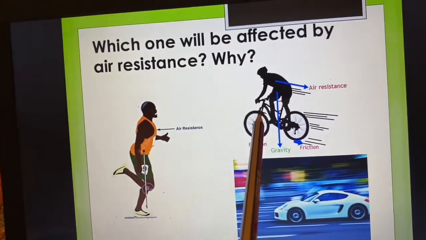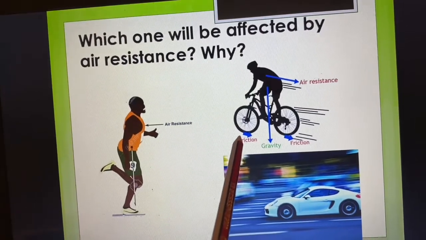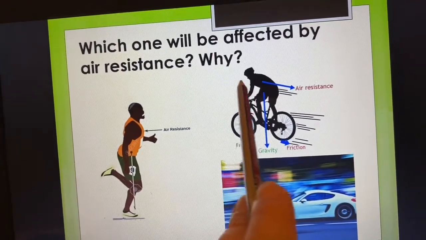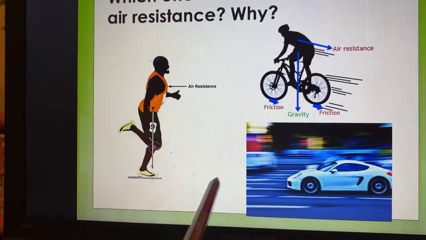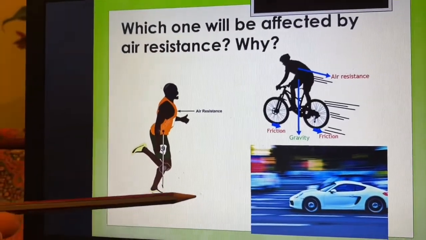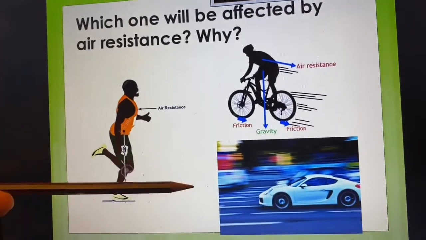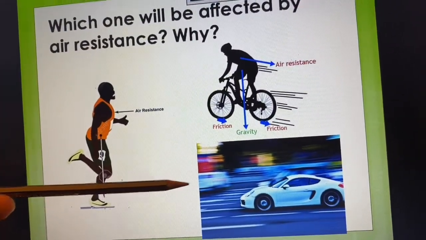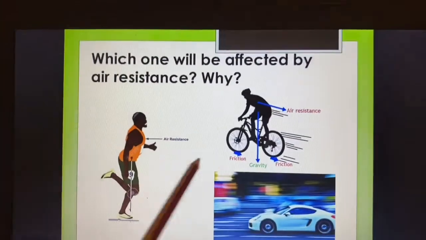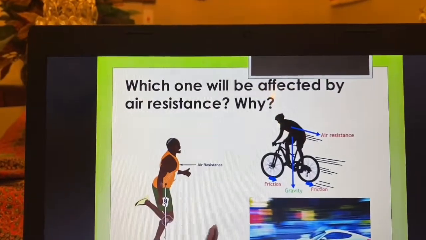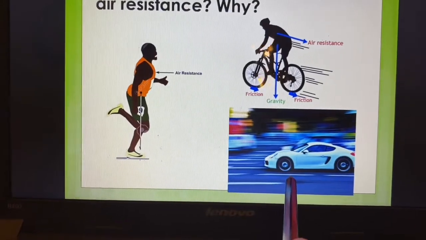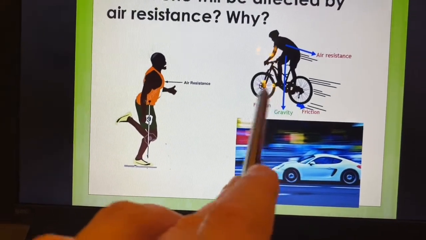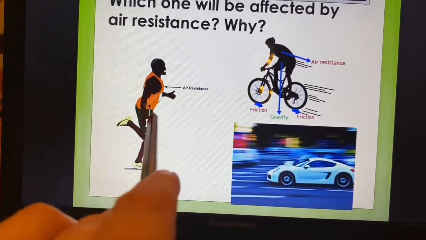This man is moving faster on the bicycle. The air resistance is pushing him backward. This car is moving very fast. The air resistance will push this car more. So which of them has the highest air resistance? It is the car, and then the bicycle, and then the man.